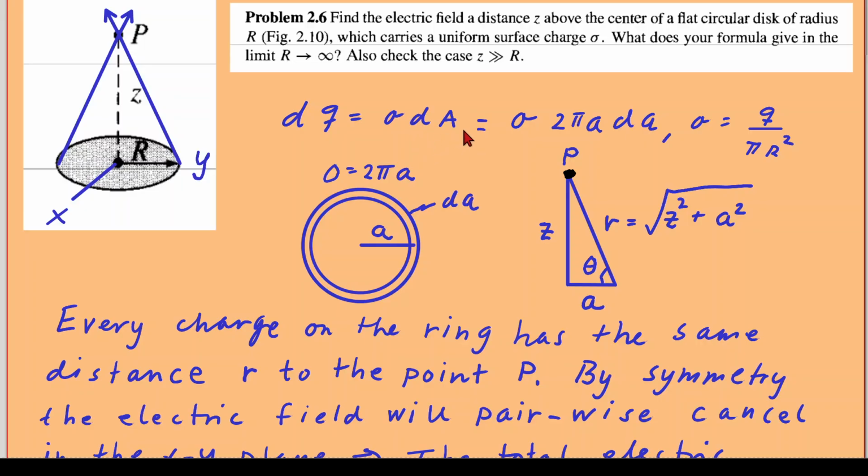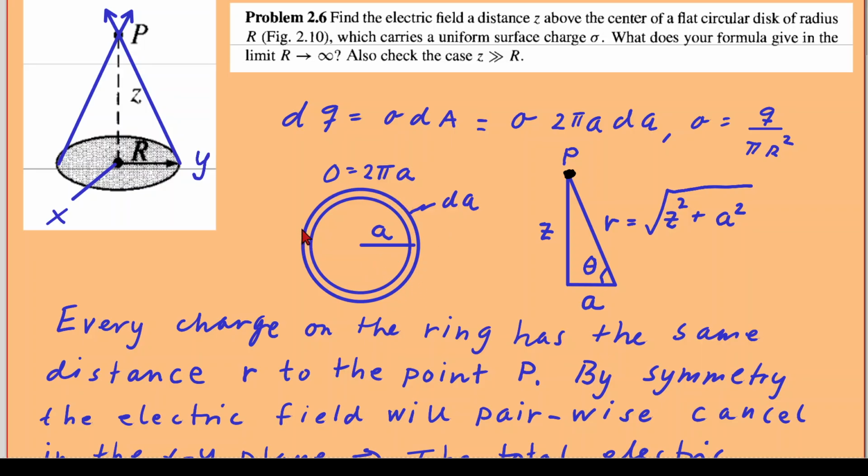Okay, and this area element, or surface element, for a ring is just the distance around, 2πa, times the width dA. So you see that here, 2πa dA. And sigma is constant over the whole disk, so it must be the total charge of the disk divided by the total area, which is πR squared.